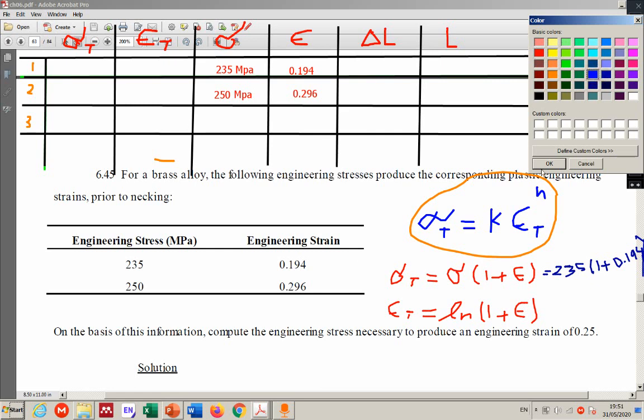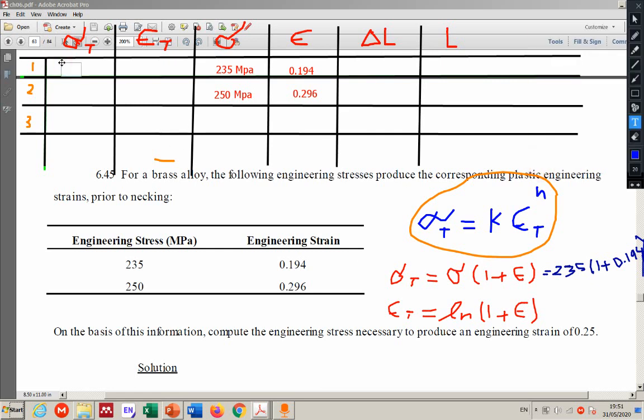Let me give them a different color so we know that we found those by using calculation. So 235 times 1 plus 0.194, I have 280.59. Those are megapascal. I'm not going to write the units every time. I can write directly at the top of it, so it will be easy for us. This is megapascal.